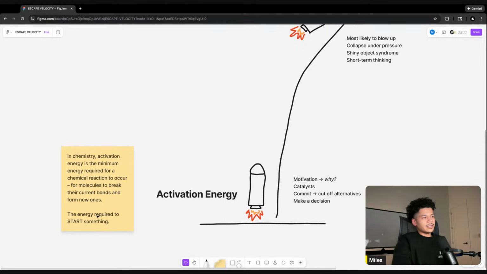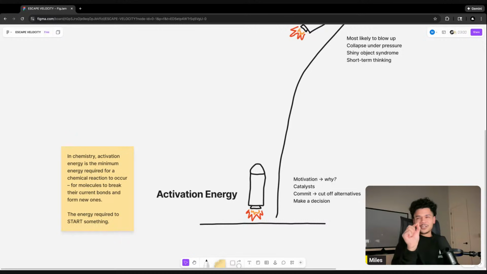And so you can use this principle from chemistry as a metaphor in other areas of your life, as the minimum energy required to start something, right? For example, let's say you wanted to start working out. So you join a workout program or you sign up for a gym, right? What's the minimum energy required for you to start working out at the gym? Like you wake up today and you're like, I'm real tired today.